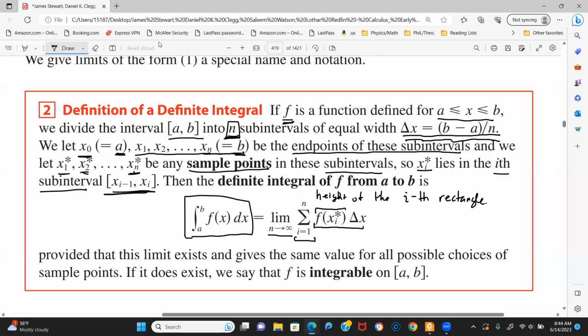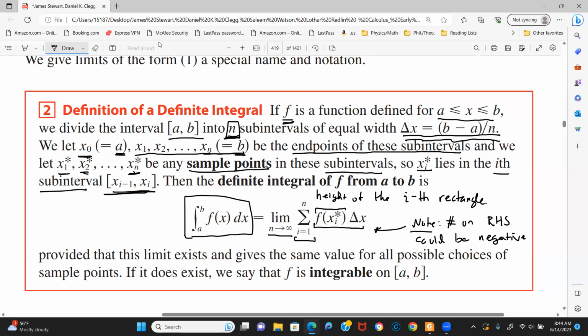The number you compute on the right-hand side could be negative, for example, if the function is always negative.